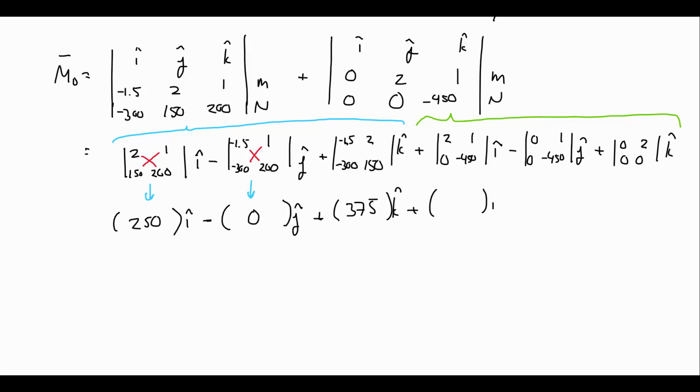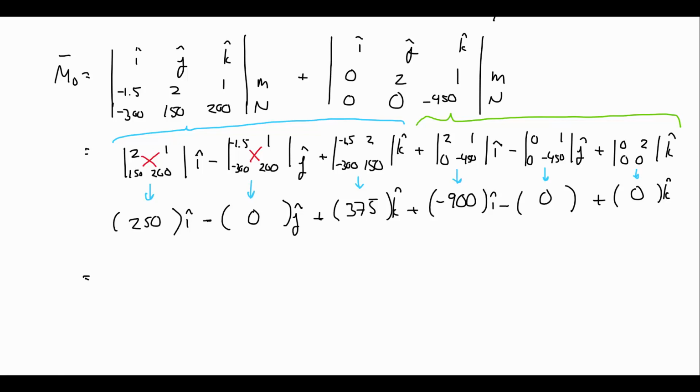Now for the second grouping, we have 2 times negative 450 minus, well, 0. That'll be a negative 900, minus our J term. We have 0 times negative 450 is 0, minus 0, this will leave us with 0, plus, and our K term also 0 minus 0 leaves us with 0. So we've expanded all 6 of our cofactors, and now we are ready to combine our like terms.